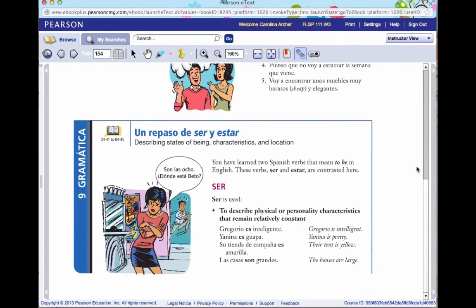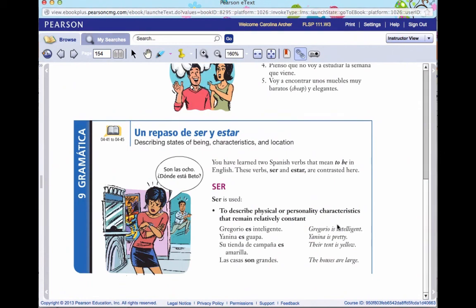Okay, so we learned the verb ser very early on, and ser we use to describe physical or personality characteristics that remain relatively constant. Gregorio es inteligente. If we say Gregorio está inteligente, that means that he is intelligent right now, but that could change. But if we say es inteligente, we are describing a trait that he has.